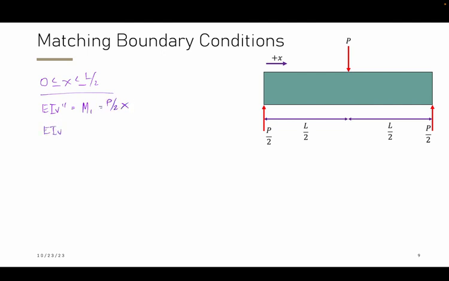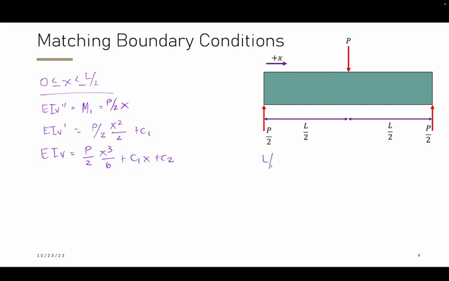We have EI v prime, which is P over 2 x squared over 2 plus C1. And this leads us to our deflection equation, which is EI v equals P over 2 x cubed over 6 plus C1 x plus C2, which gives us our constants of integration.